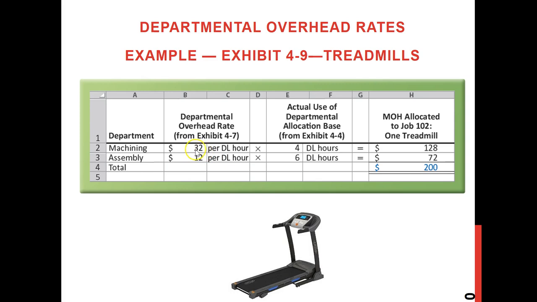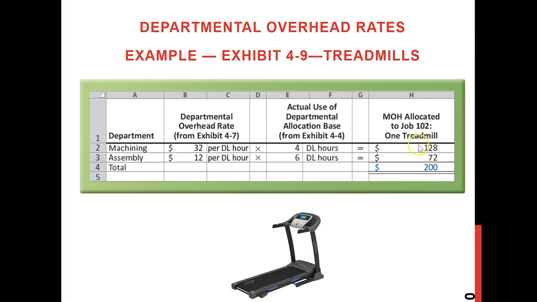Now if we multiply the predetermined rates for 1 direct labor hour by how many hours it takes in each department, you will figure out that to produce 1 treadmill, it costs $128 for the machining department, and the overhead cost to produce one treadmill in the assembly department is $72.